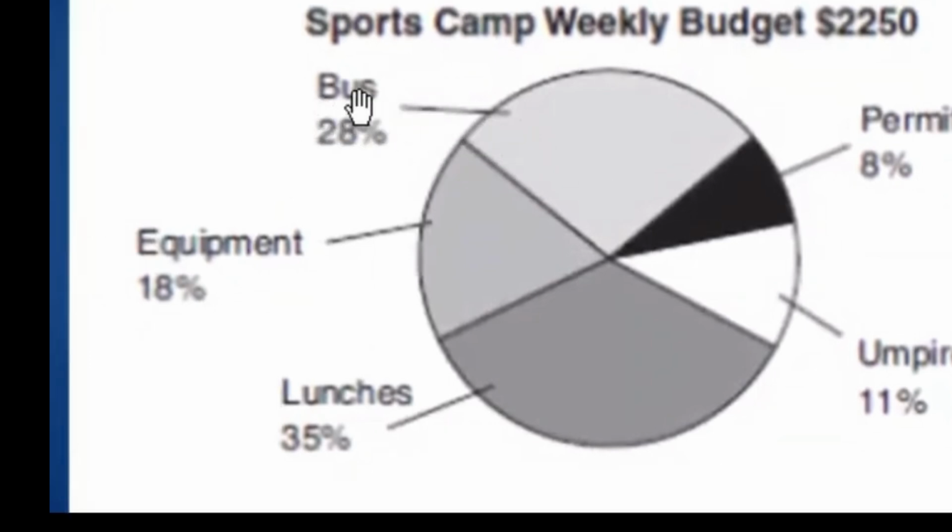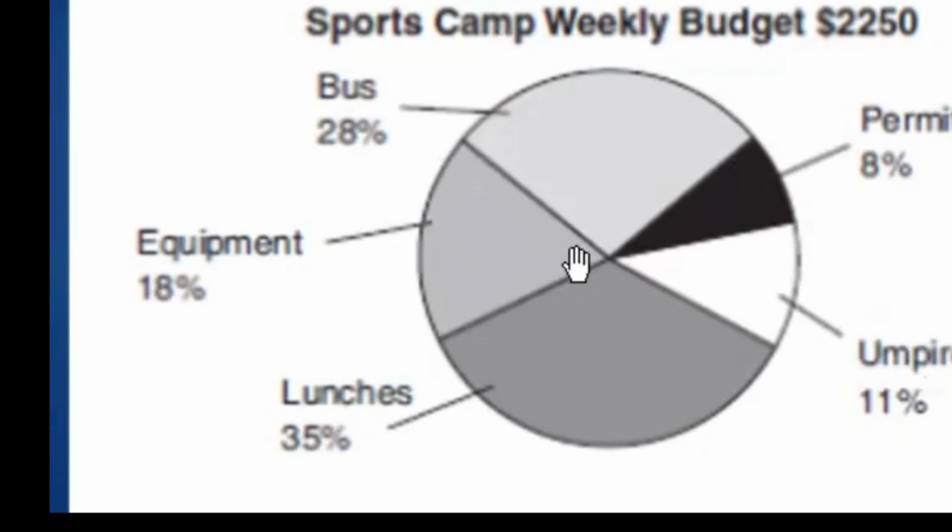So maybe that's buying gas or fixing a tire or whatever. It spends 8% on permits. Maybe they have to park somewhere that requires a fee, okay? The camp spends 11% on umpires, okay? Maybe those are checks or something. 35% on lunches, and then 18% on equipment, okay?